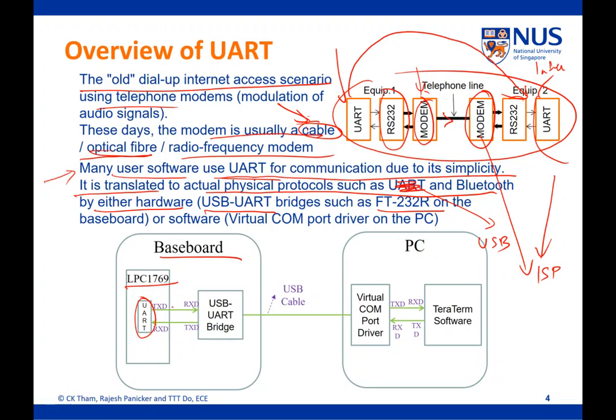So you have TX and RX signals going out, but it doesn't go out as such all the way to your computer. It goes into a chip called a USB UART bridge. The most popular one is the FT232R. There are some others available, but this is by far the most popular one. This will take in all these UART signals and convert them to USB signals.